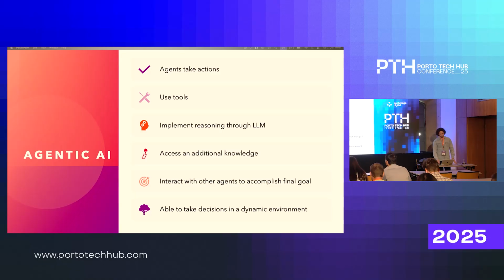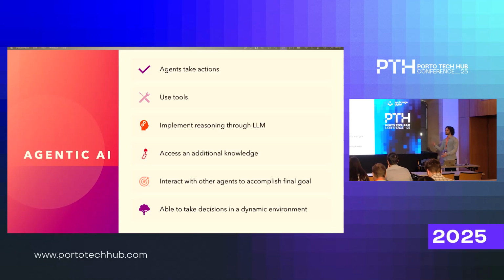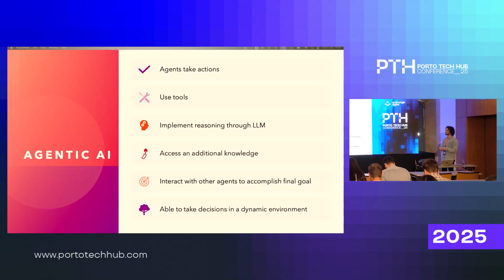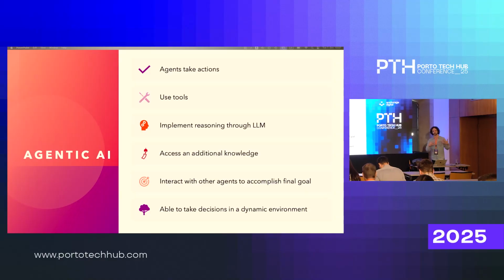All right, what is agentic AI? Essentially, whenever you have agents that are taking actions, that are using external tools, that are kind of reasoning about the environment and taking actions in a very dynamic environment, maybe you can use an agent.